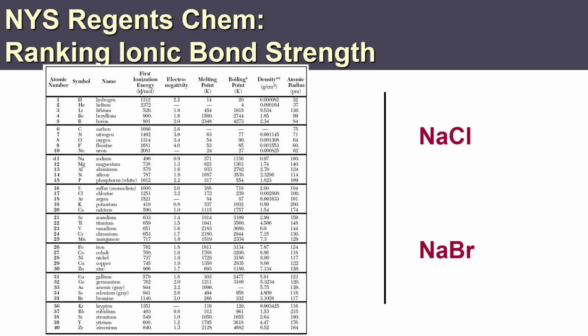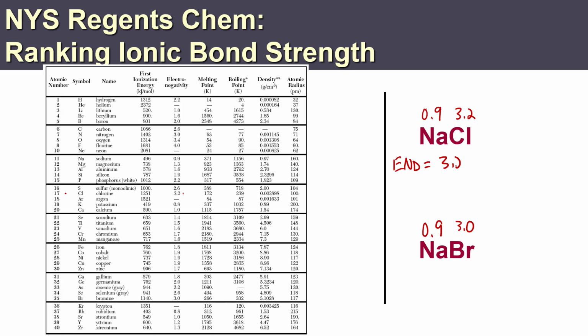So sodium is the 11th atom here. It has a value of 0.9. So I know this one has sodium too. I can write that there. And I know chlorine, the 17th atom, has a value of 3.2. So I'm going to put a 3.2 there. And bromine is the 35th, and that's got a value of 3.0. So let's do our END for both of these.